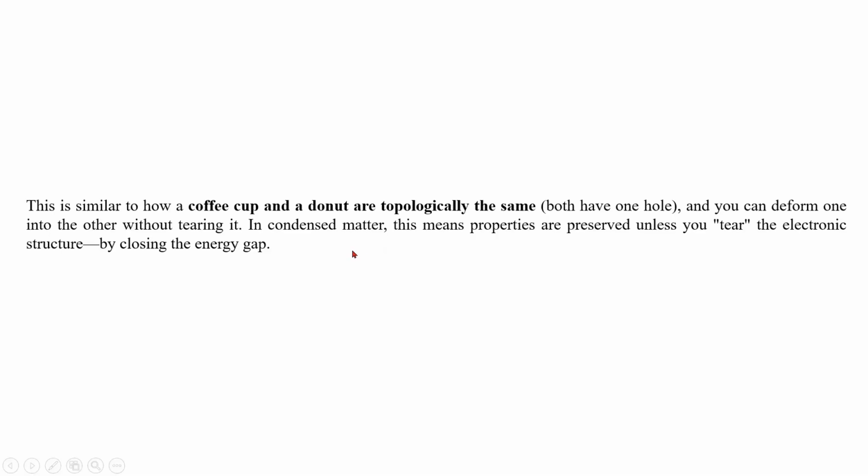This means the energy bands of the materials are considered like the Brillouin zone. Basically the 2D Brillouin zone is considered like a donut. So the electronic properties are preserved if we do not externally perturb the systems, and they are protected under symmetry. We are discussing these one by one.